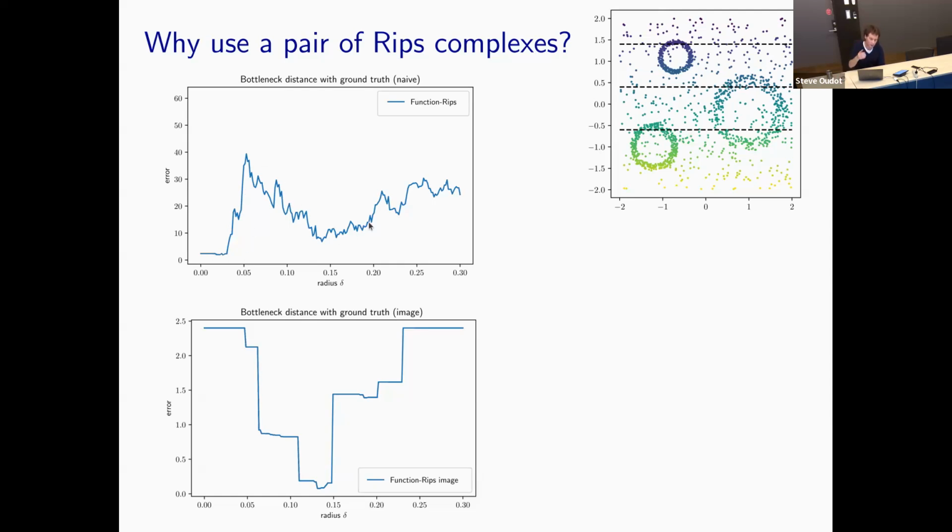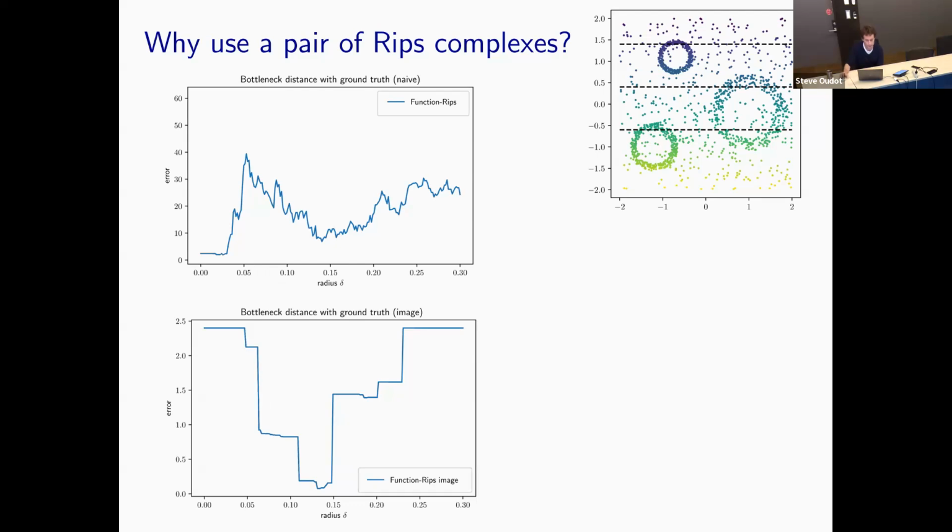Actually, I'm plotting the bottleneck distance, because this is a function valued in R. But you can think of this as the interleaving distance between the ground truth and our estimator, with respect to the choice of delta. What happens is that the evolution of the error with delta is pretty erratic.